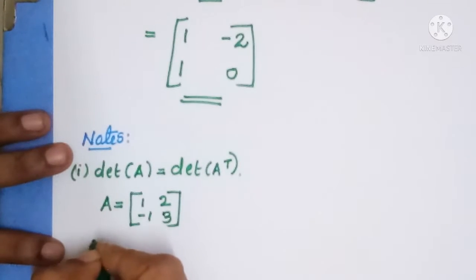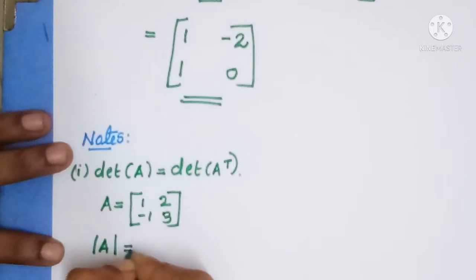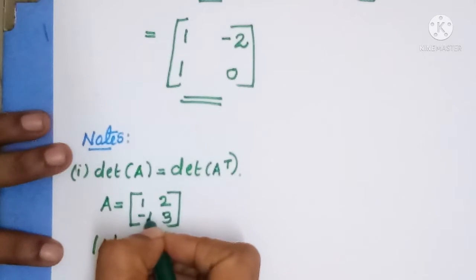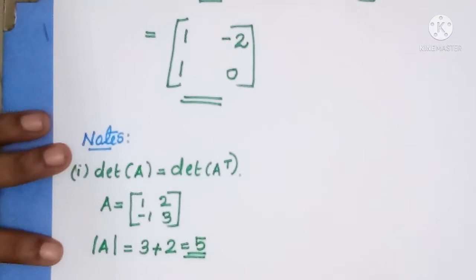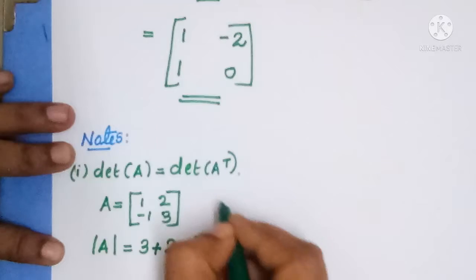We can find the determinant of matrix A: 1 into 3 becomes 3, minus 2 into minus 1 becomes minus 2. So minus into minus becomes plus, giving 5. So here the determinant of A becomes 5.